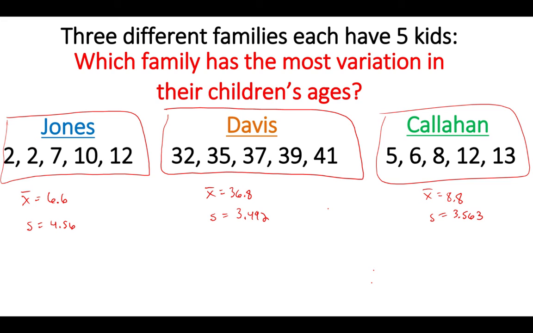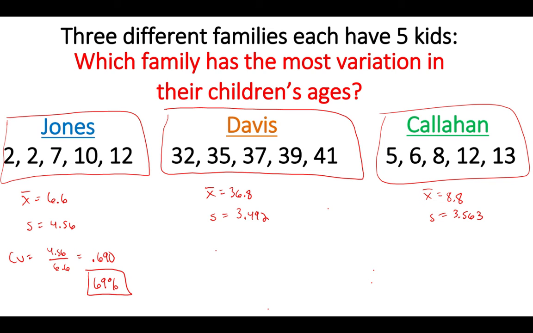Okay, so let's compare the coefficients of variation. All we need to do from here is divide our standard deviation, 4.56, by the mean, 6.6. And for that, we'll get approximately 0.690 or 69%.